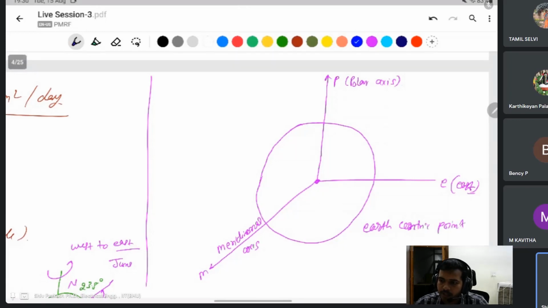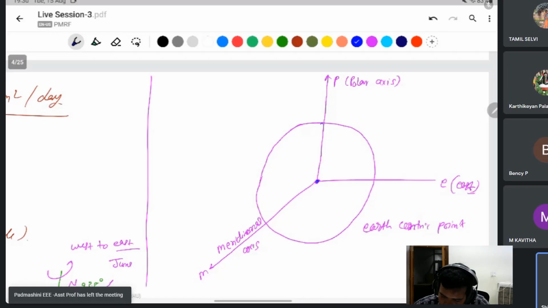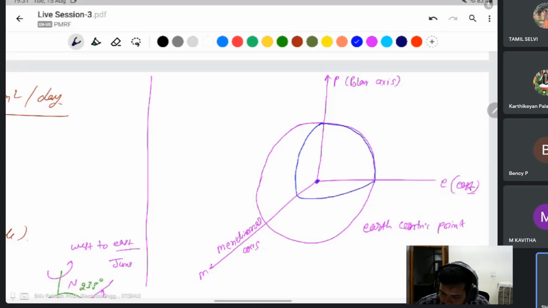At the center of the earth, what is the effect of the sunlight at different seasons and different times? Then how will it be defined? If we take a part of this one, and the declination angle, you can say this one is the insolation line.